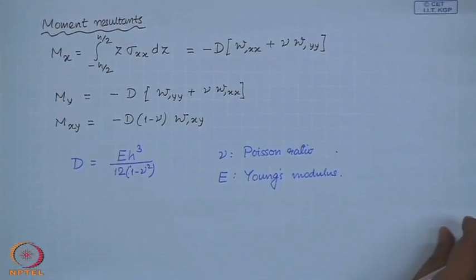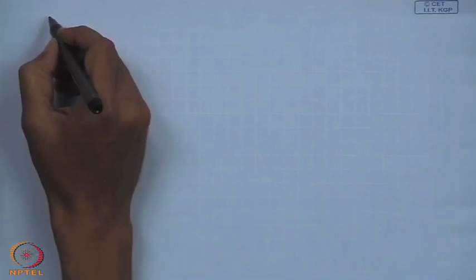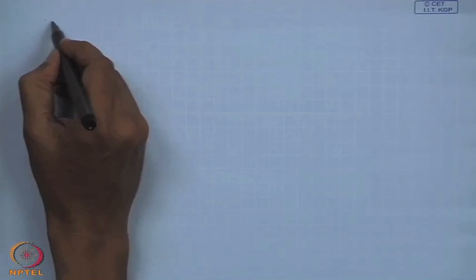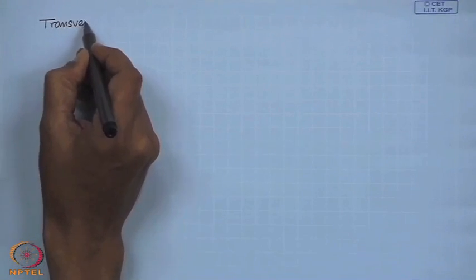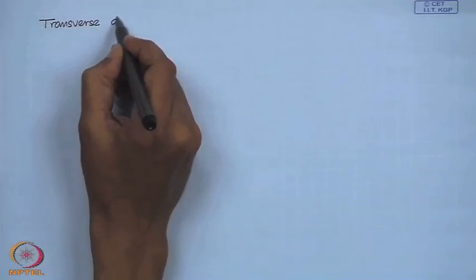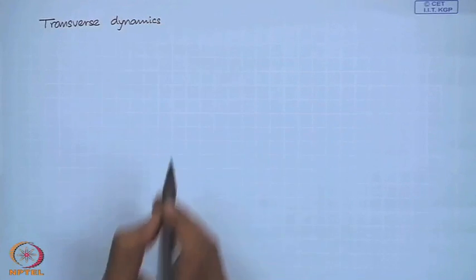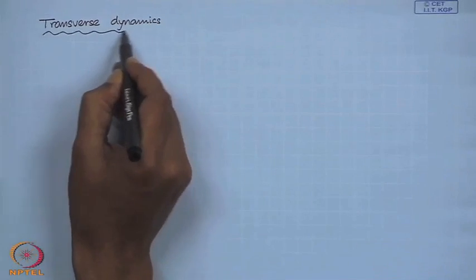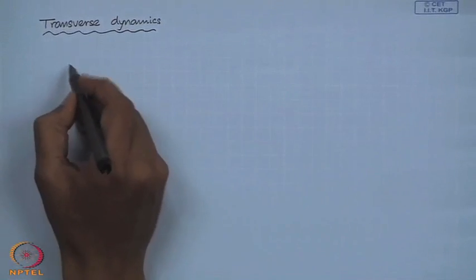Now, we can write down the equations of motion. First, we write down the equation of motion in the transverse direction.